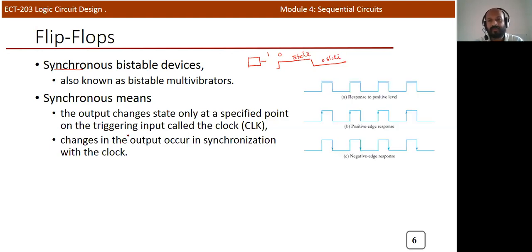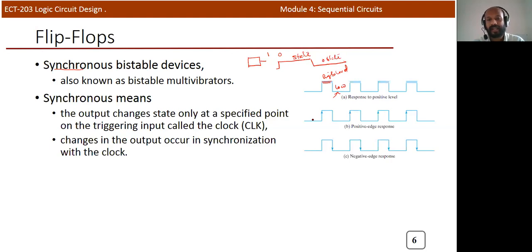So here you can see some clock signal. This is a square waveform, which we normally consider as a clock signal. If you consider any clock signal, the different sections of it: this part is known as the logic high level, and the lower portion is known as the logic low level. So two levels.